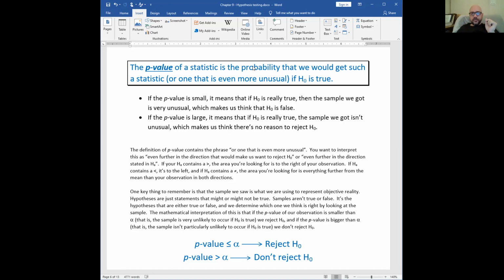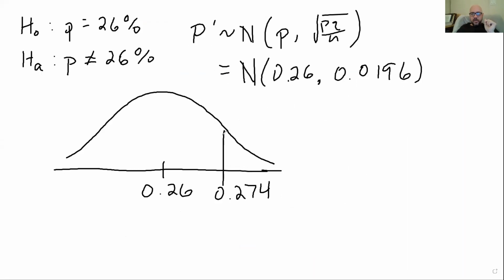because this is equally unusual as this, the same thing on the other side, right? Those two things are equally unusual, just in opposite directions. And so more unusual means over here for sure, right?